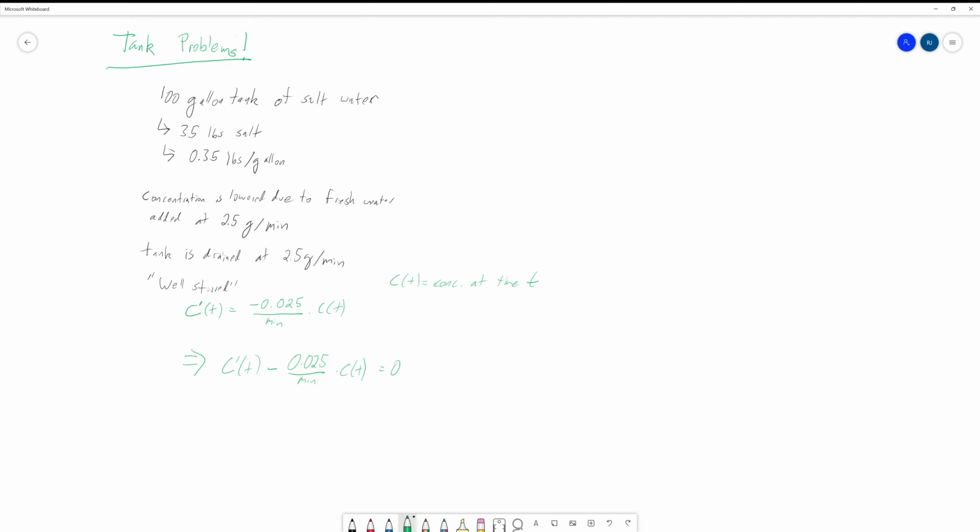And the question, finally, is determine how long it takes to reduce the salt concentration inside the tank to 0.05 pounds per gallon. So, find time for C of t to reach 0.05 pounds per gallon. That's the goal.